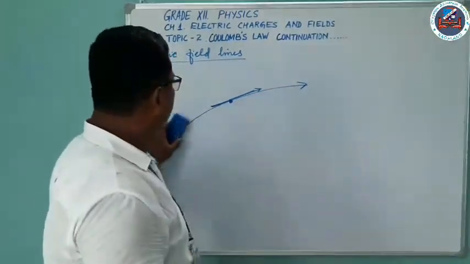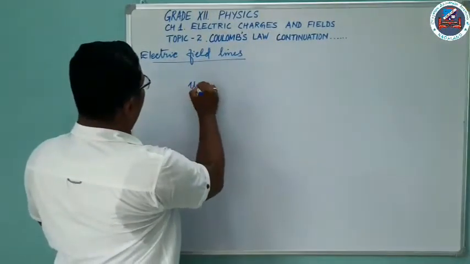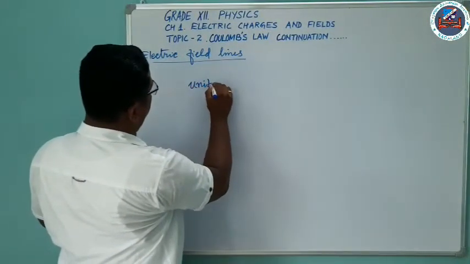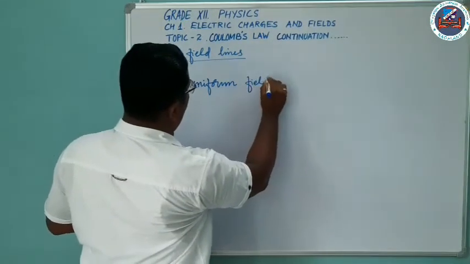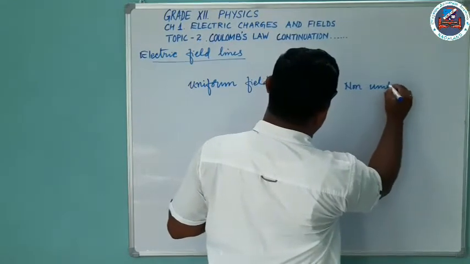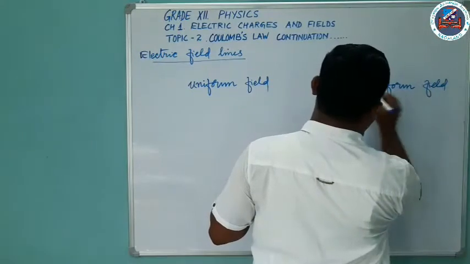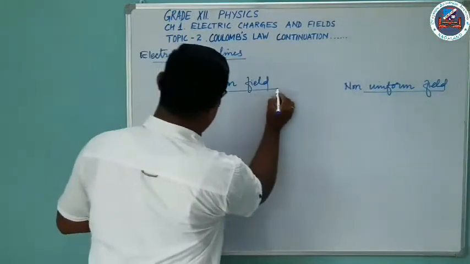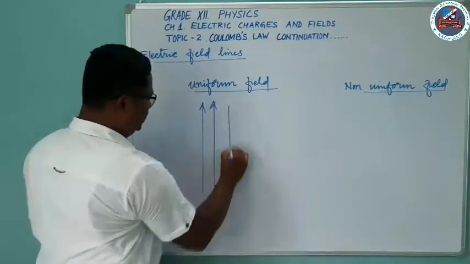There are two types of field lines we say in general. There is uniform field and non-uniform field. When we say uniform field, the field lines are drawn parallel to each other.